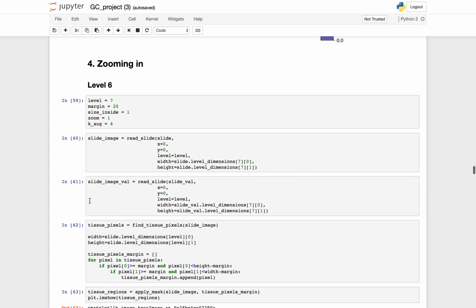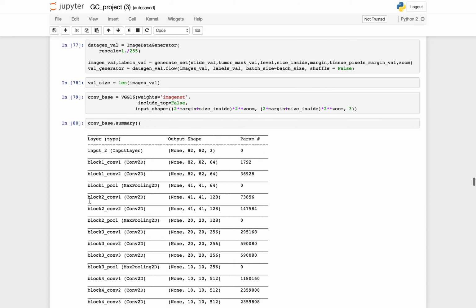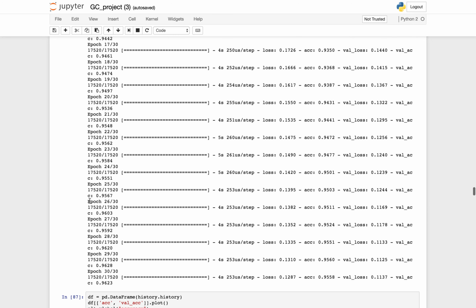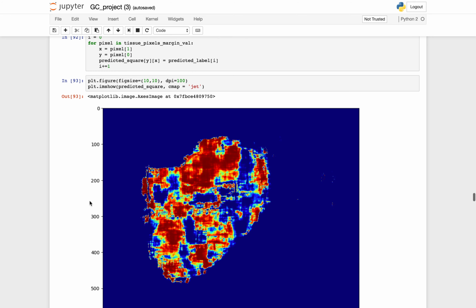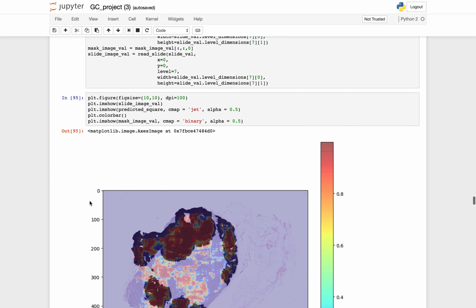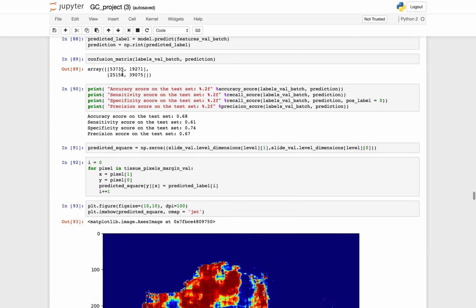Now I'm going to zoom in because this was at the lowest definition. And this is what we get. So it's getting a little sparser, as you can see. The confusion matrix is here. So there is 61% sensitivity and 74% specificity.